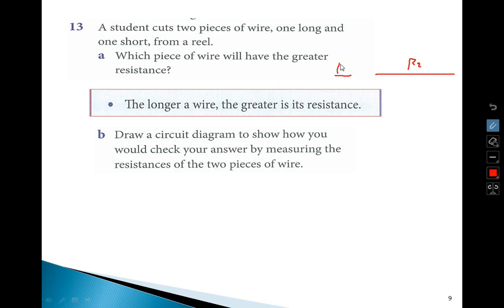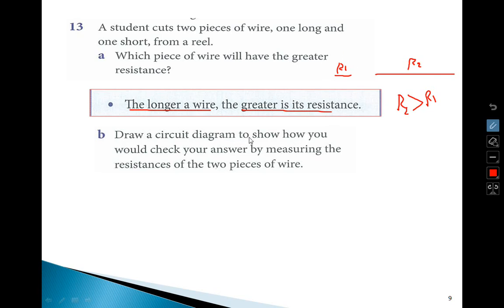The resistance R2 is greater than R1. So the resistance of the long one is higher than the resistance of the short one.